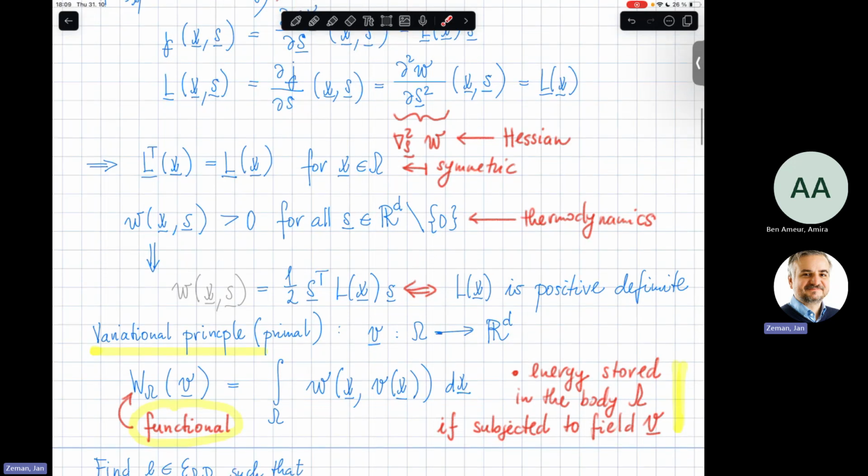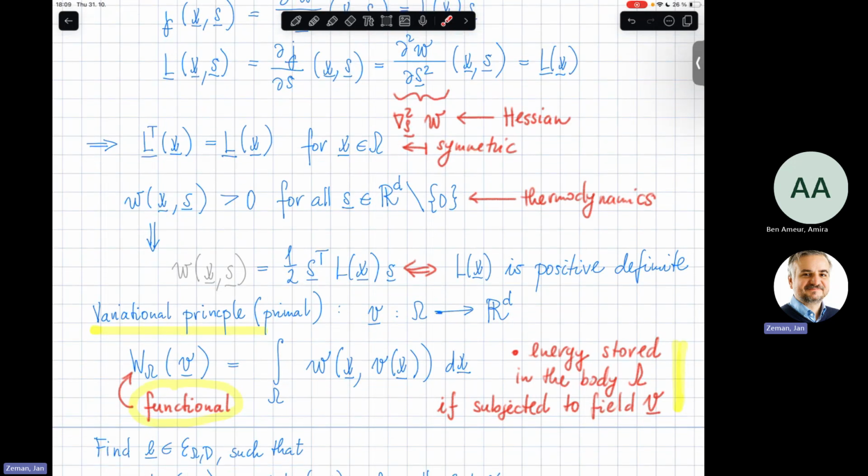Okay? It also implies simultaneously that this L, this matrix of primary coefficients, is not only symmetric, but must be symmetric positive definite. So it also gives some mathematical structure to this primary coefficient.